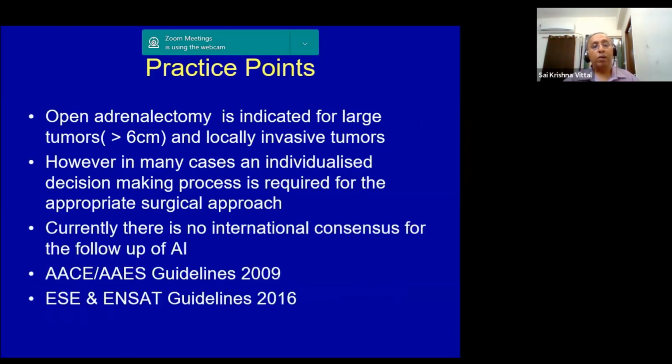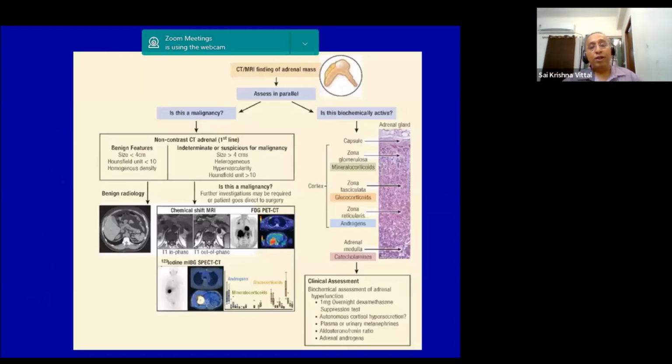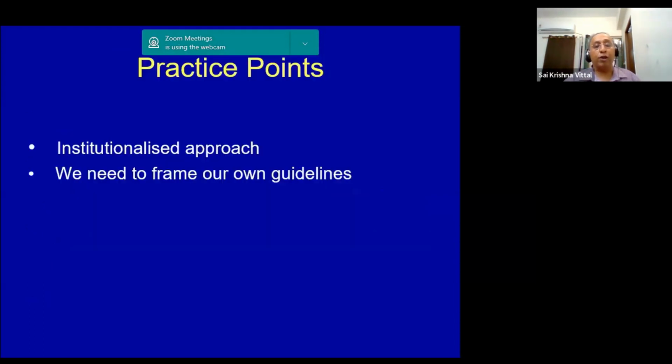With regard to follow-up, there is no international consensus. You have the AACE and AAES guidelines formulated in 2009, and you have the European Society of Endocrinology guidelines formulated in 2016. These are the guidelines you can follow. This is just a rough algorithm.